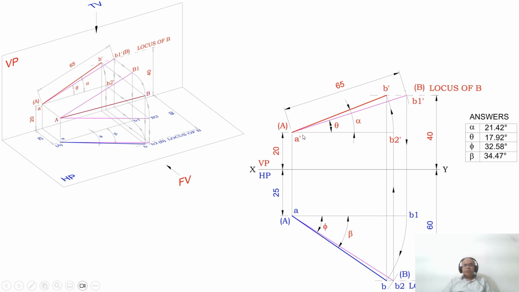Similarly, you know this is the true length in the front view because the top view line is parallel to XY. You know this is the top view true length because the front view line is parallel to XY. When you join B and B dash, both will lie on the same line. So this is how you will be able to analyze, and this is how I can tell that my drawing is right.